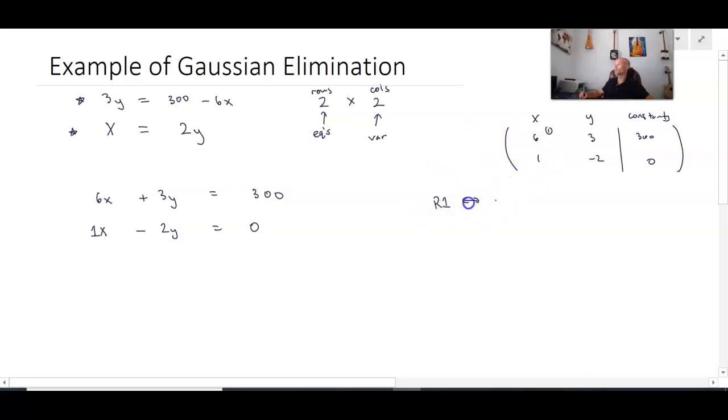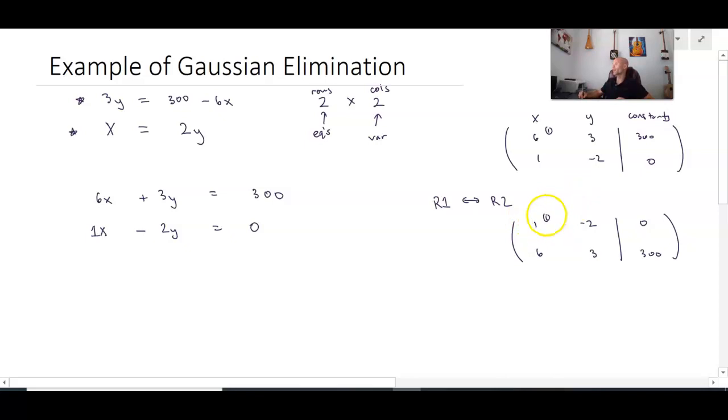A lot of times you'll see it written like this. I'm just going to swap them, interchange them. That gives me 1, negative 2, 0, 6, 3, 300. I've done nothing more than rearrange the order of the two equations. I have not changed the equations themselves.